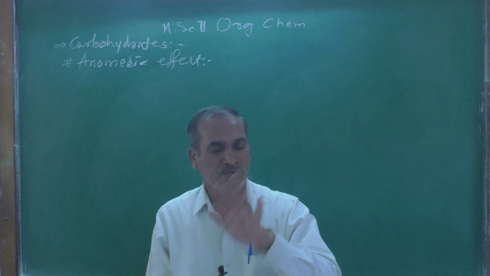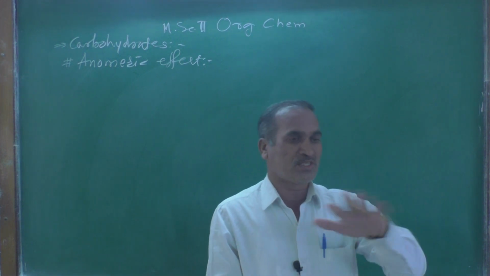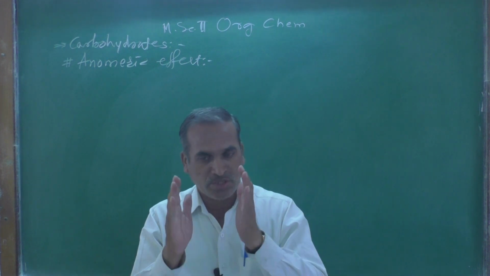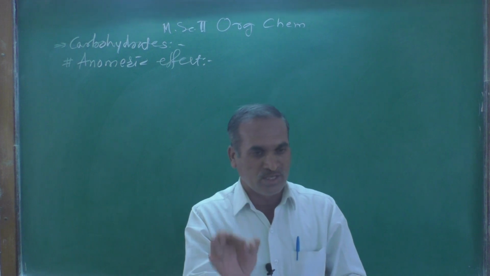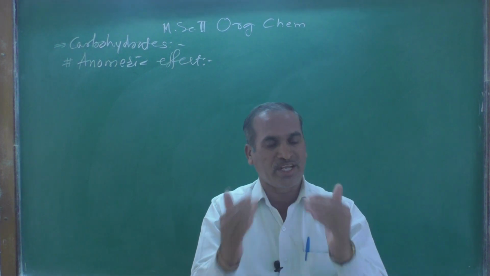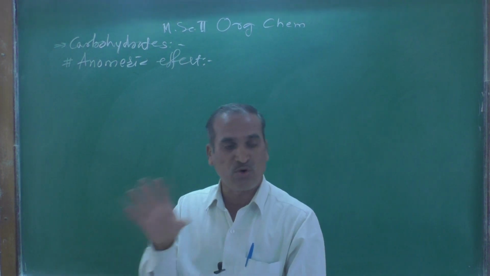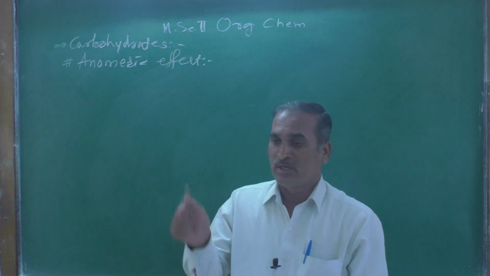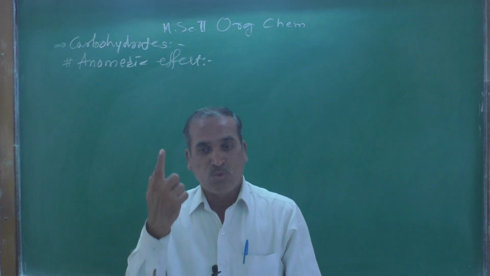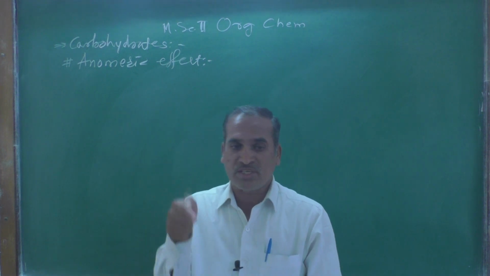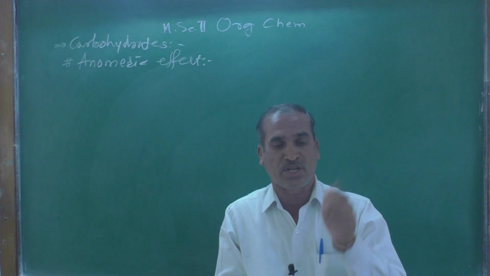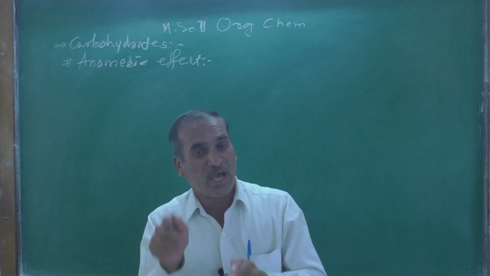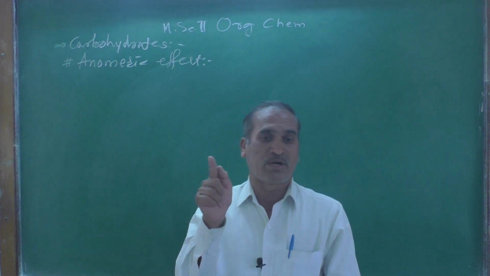If you remember, in the open chain structure of D-glucose there are four chiral centers. When the ring structure of glucose is formed, one extra chiral center is generated due to ring formation, at carbon number 1.